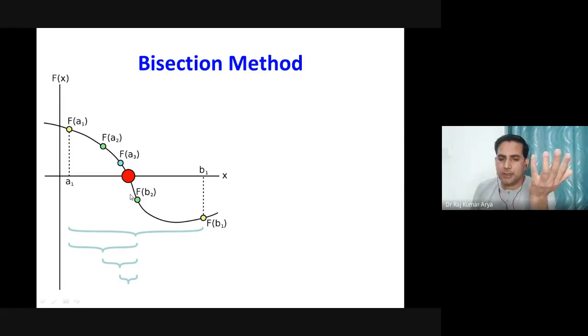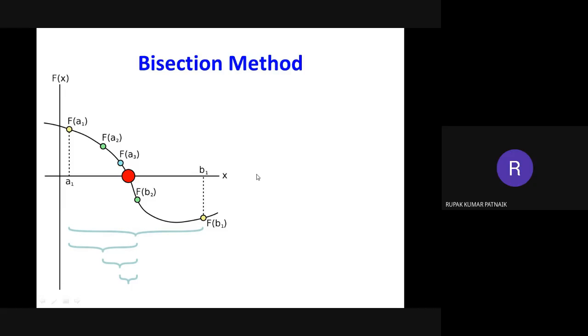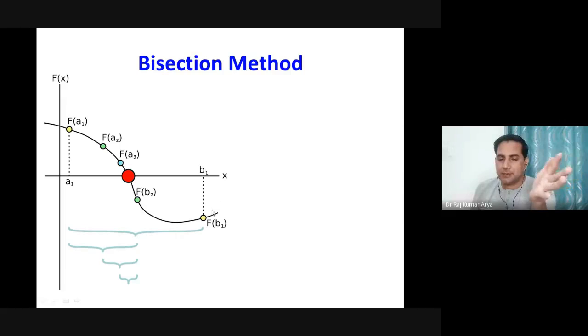Now, based on the nature of the graph, you will see the trend. From here, it is further going in this way. It may intersect again at some place. Correct or not? Yes, sir. From this nature, we can say clearly that it will intersect at one more place. So that would be another root.